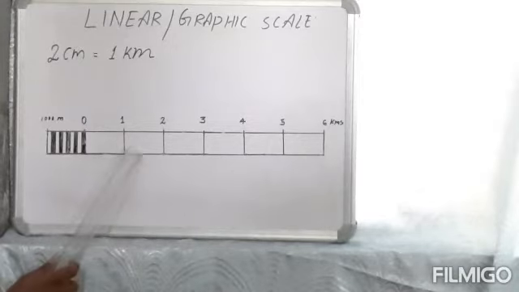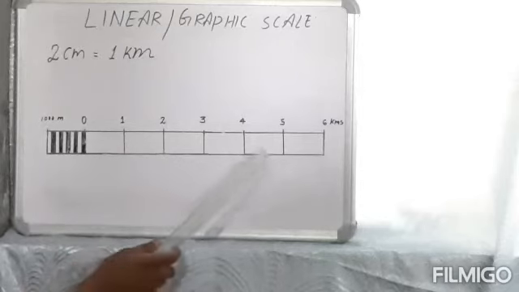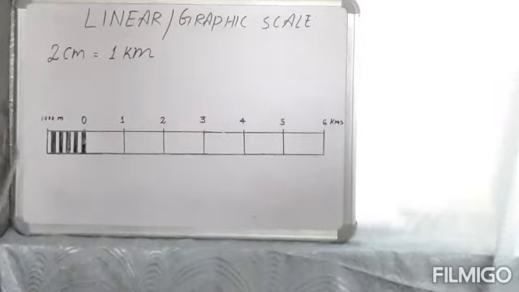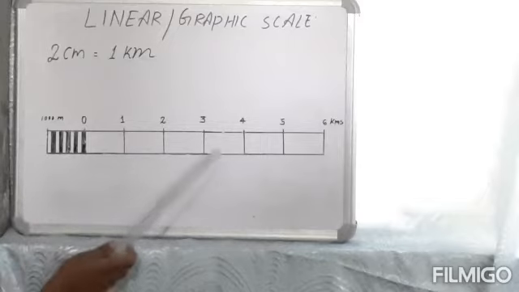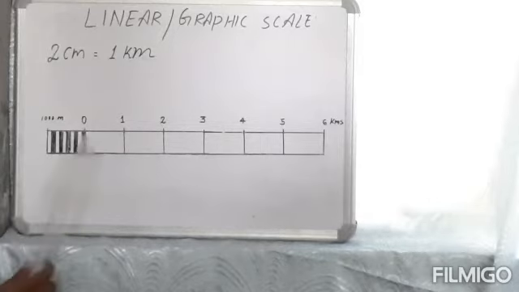Each compartment represents 2 cm or 1 km. To the left of 0, 1 kilometer compartment is subdivided into 10 equal parts which represent 100 meters each. Altogether there are 7 kilometers.